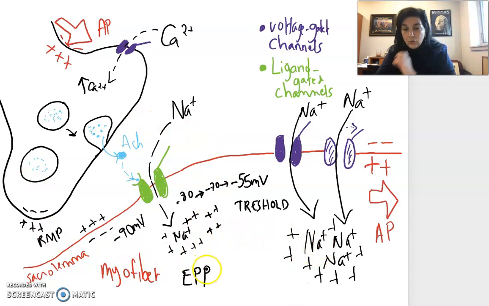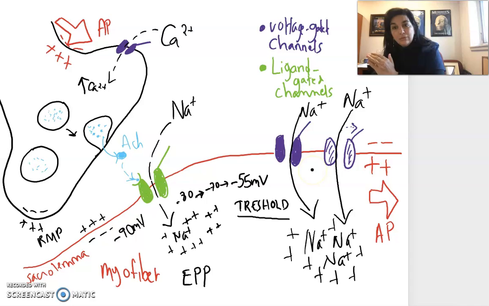So once this local depolarization has been produced and it reaches the threshold, remember we have to reach a threshold to stimulate the downstream voltage-gated channels that will open and allow more sodium ions to flood inside the myofiber and increase even more this depolarization. So now we go from negative 55 to we passed the 0 and we're into the plus 35 millivolts.